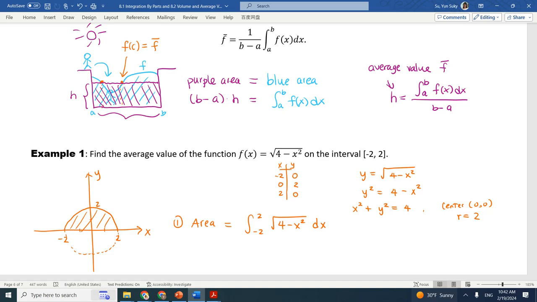No. Even though you want to use u substitution, if you let u be this, du will be negative 2x dx. So you need an x here. Without x here, you cannot do u substitution. So this integral, we're not able to integrate with the knowledge we learned so far.